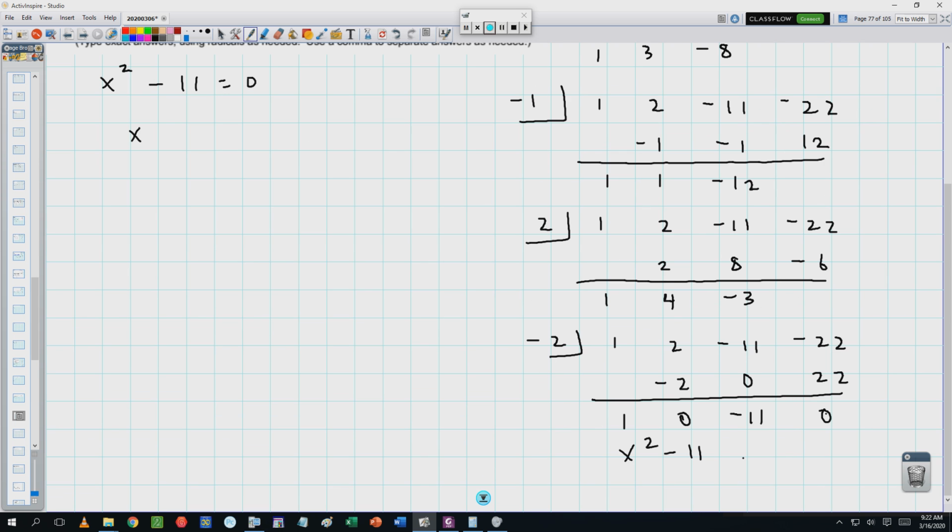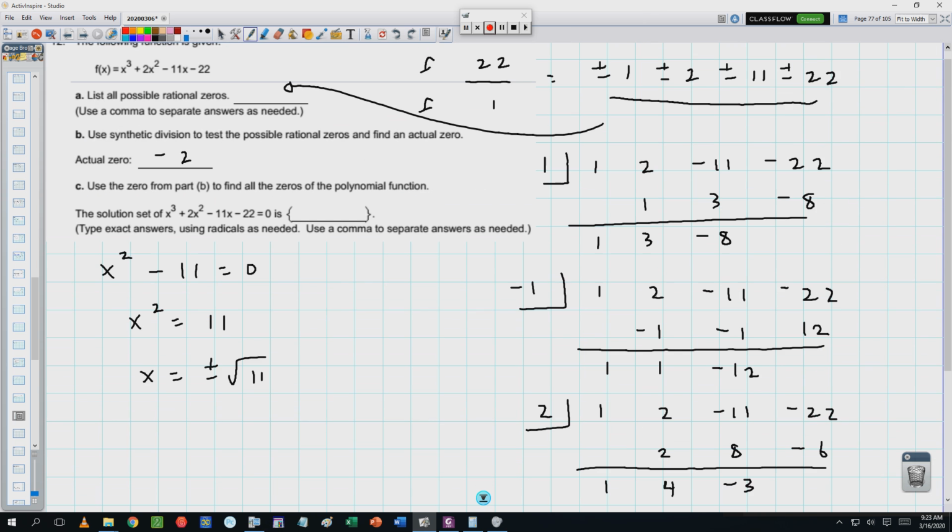I would solve this by taking the 11 and adding it to the other side, and then I would take the positive and negative square root of that 11. So our solution set: negative 2, negative square root of 11, positive square root of 11.